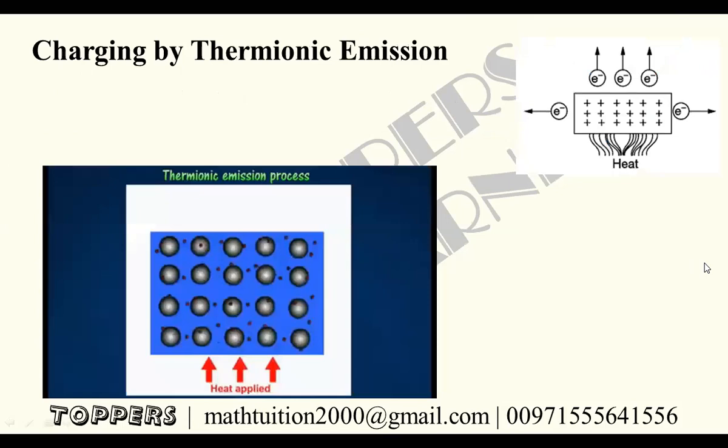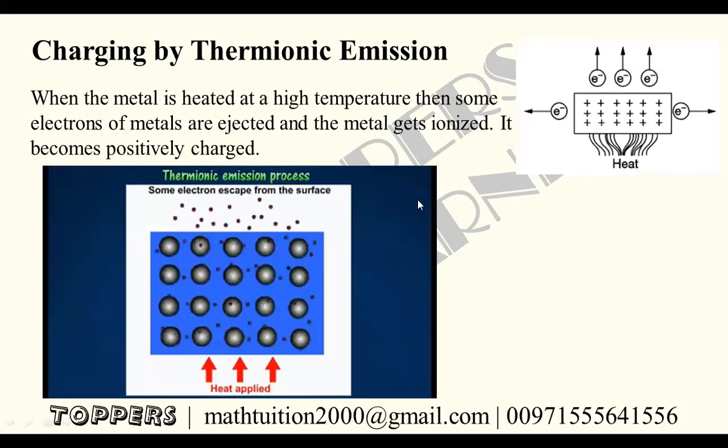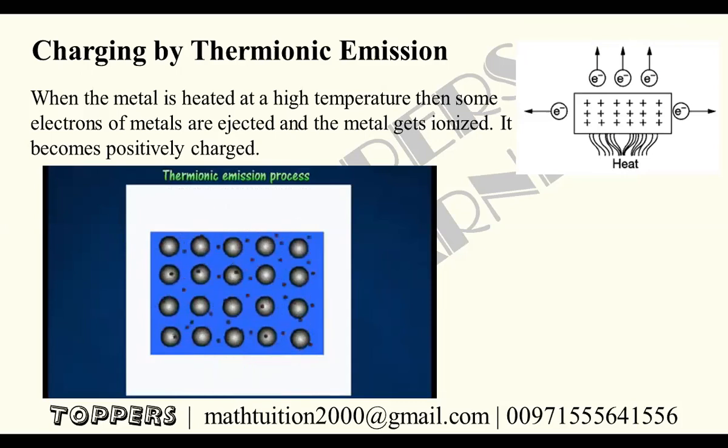Another way, charging by thermionic emission. What is it? When the metal is heated to a high temperature, then some electrons of the metal are ejected and the metal gets ionized. It becomes positively charged. See, we have a metal being heated. So electrons are ejected.